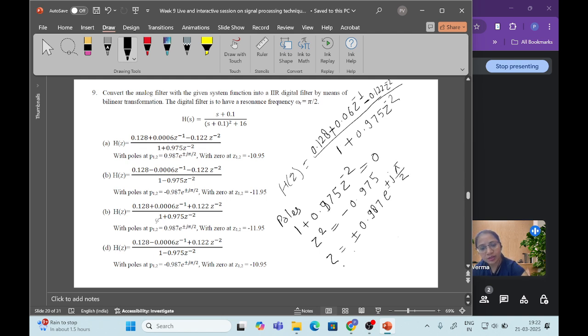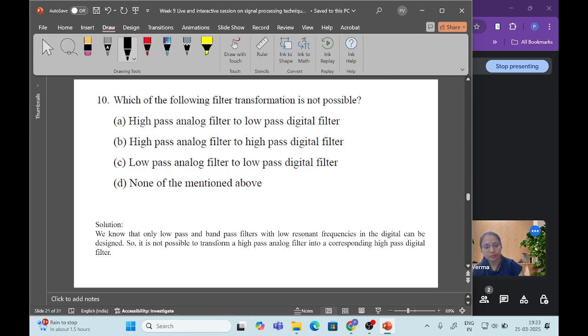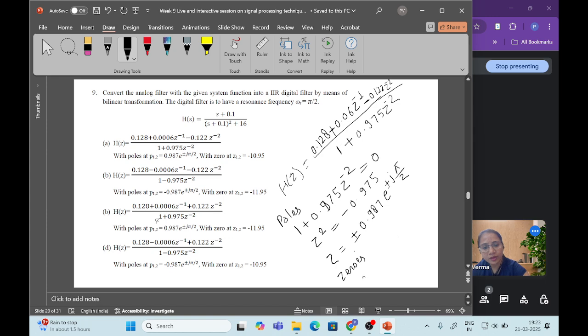Similarly for zeros, just put the numerator equal to 0 and find out the zeros. So this is the final transfer function, and these are the poles and zeros.